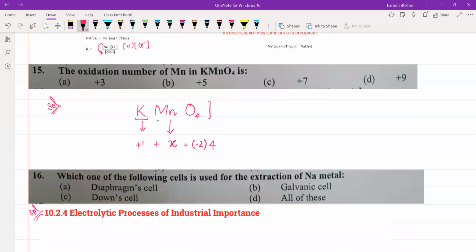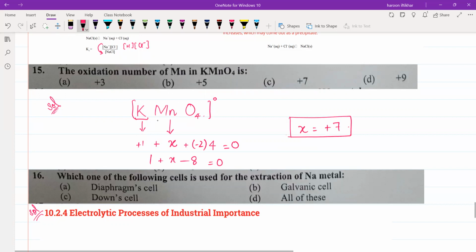The total charge on KMnO4 is 0, so we can write it as 0. So 1 plus X minus 8 is equal to 0. X is equal to +7. Okay, this is the highest oxidation state of manganese. So the right answer is +7.